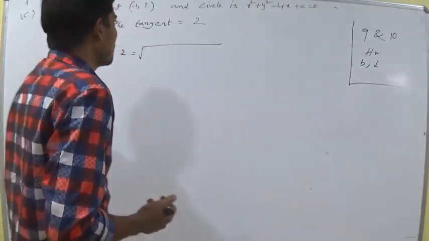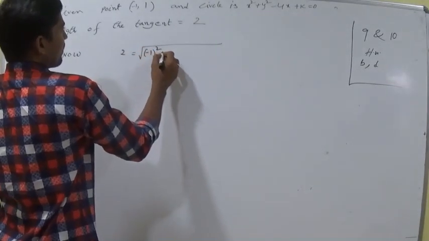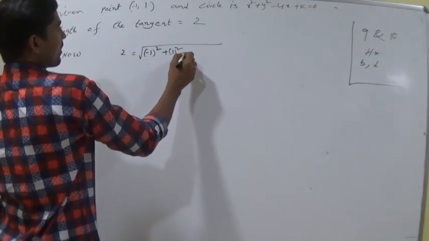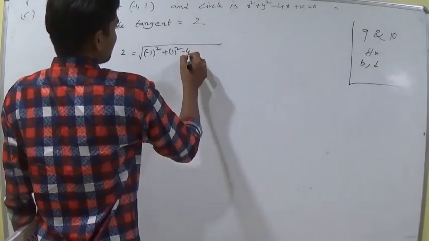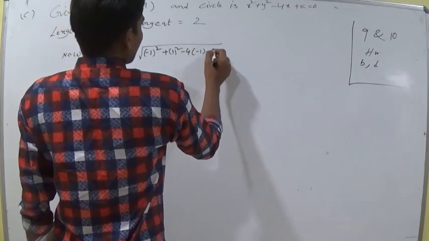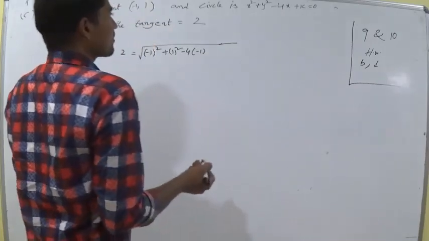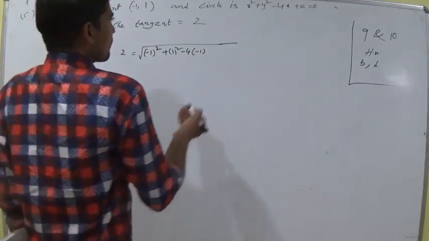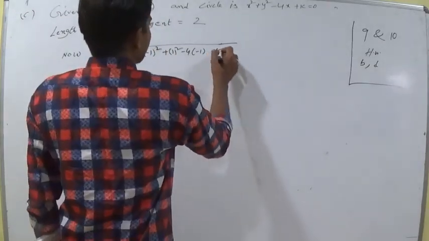So minus 1 whole square plus 1 whole square, 2gx1, so minus 4 into minus 1, and then y is not here, I mean to say 2fy is not here, plus k.